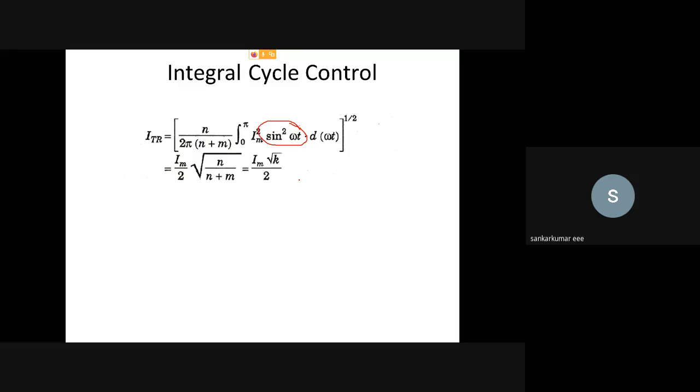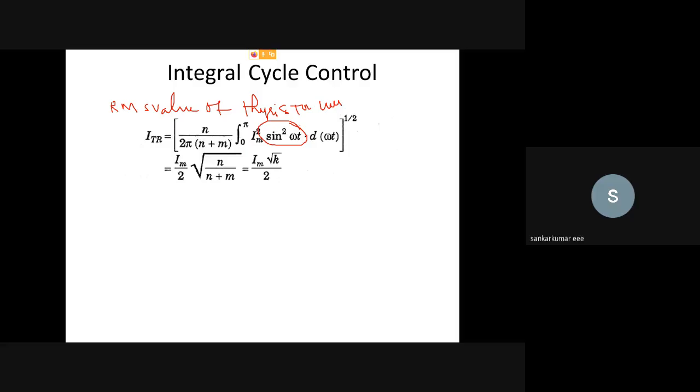Finally we get the RMS value of thyristor current. The final expression will be Im into root of k divided by 2.